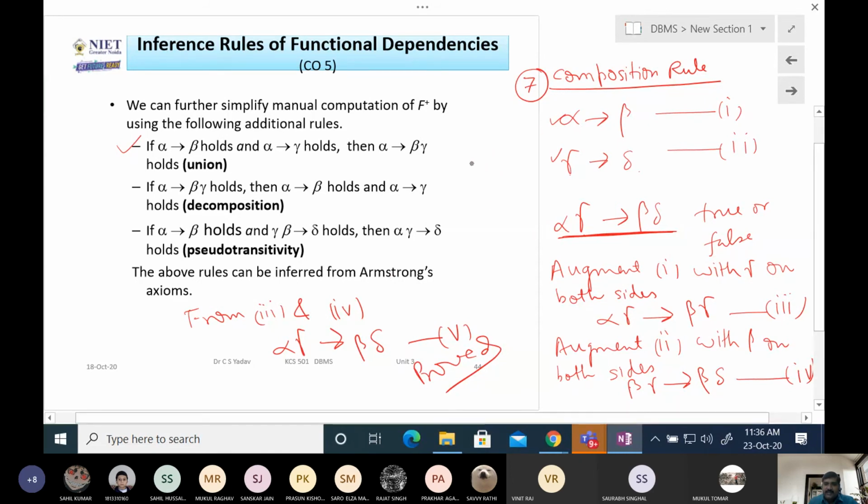Suppose we write any statement like this: 2 plus 3 equal to 7. So this statement is false. Now if anybody says to prove this statement is true, then through experiment we can only prove this mathematical statement.